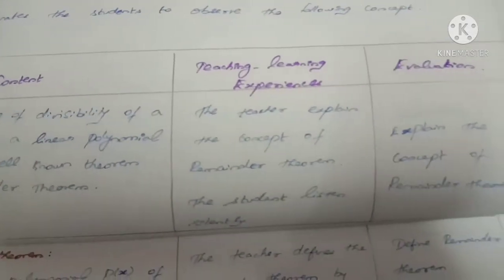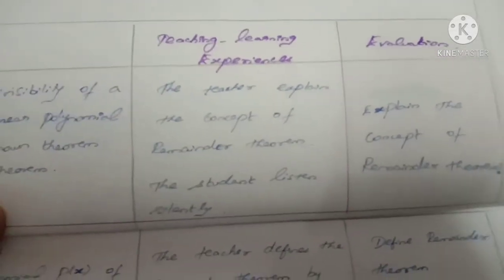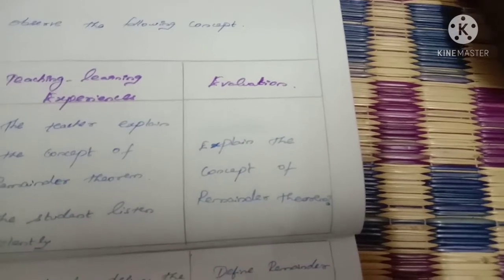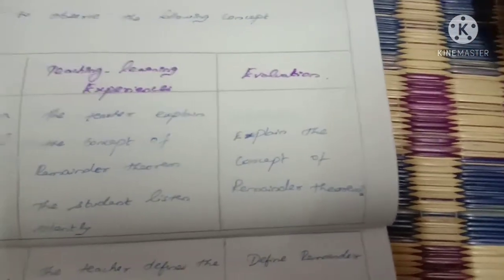In the third box, the teacher explains the concept of remainder theorem. The students listen silently. Next one is explain the concept of remainder theorem?